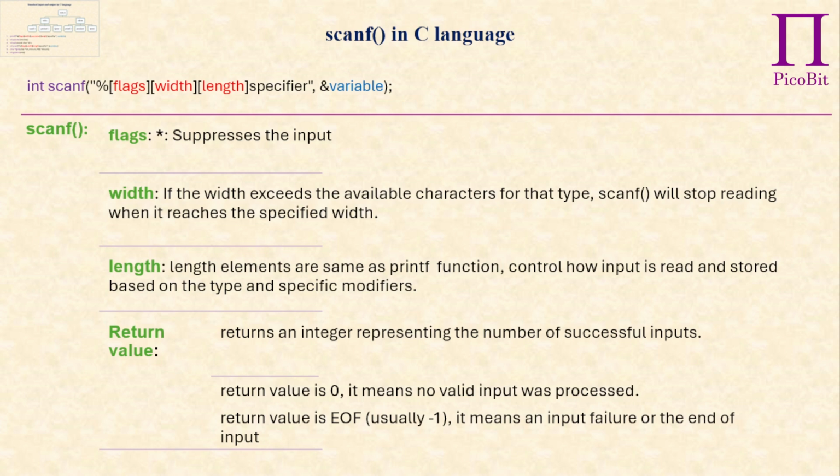Passing the address allows scanf to modify the variable. The exception is a character array for a string, where the name of the array already represents its address. Error: forgetting the address sign causes a compilation error or undefined behavior, as scanf expects a pointer.